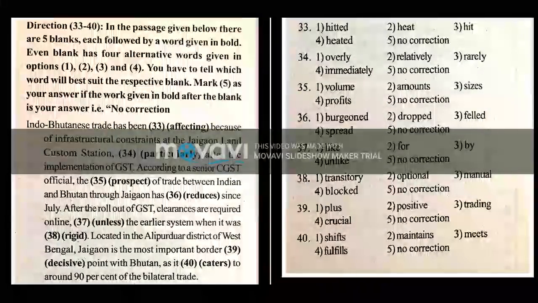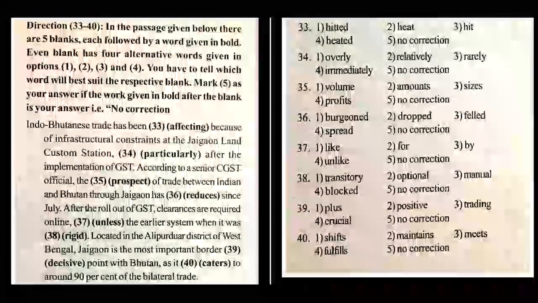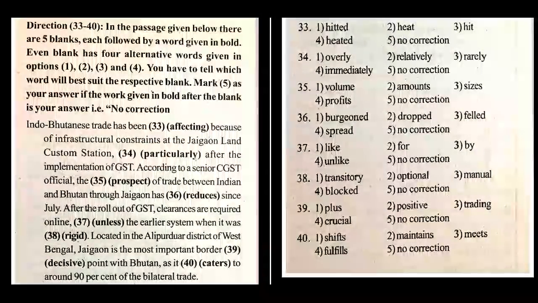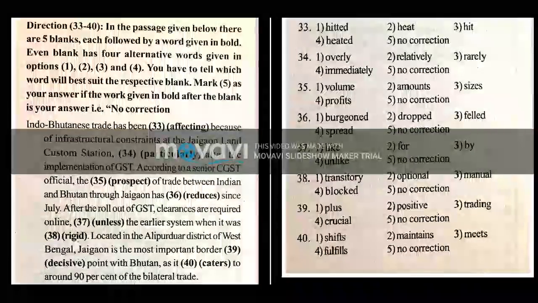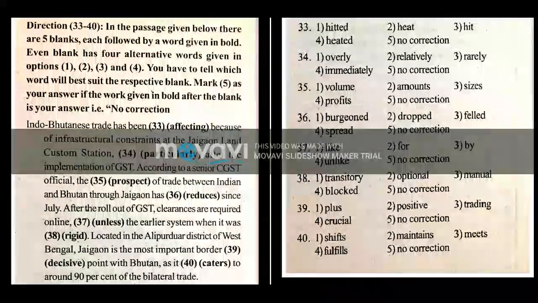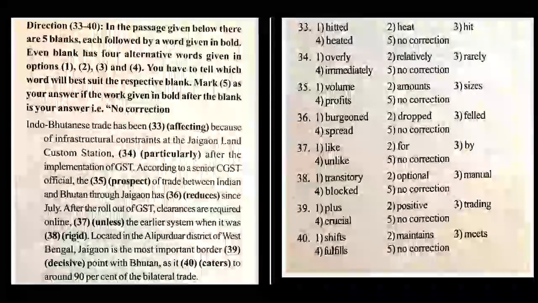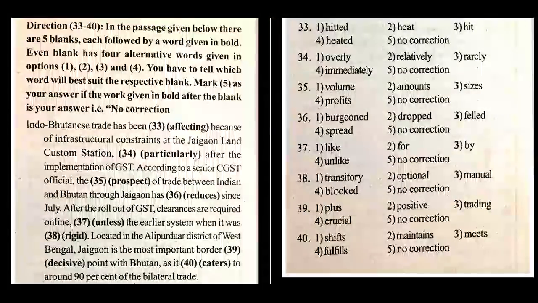Now we are moving to the last sentence. Located in the Alipurduar district of West Bengal. As you can see, the sentence starts with a past participle phrase, जिसका मतलब ये है कि वेस्ट बंगाल की अलीपुरद्वार डिस्ट्रिक्ट में एक चीज located है, और जो चीज वहां है वो comma के बाद immediately आएगी.